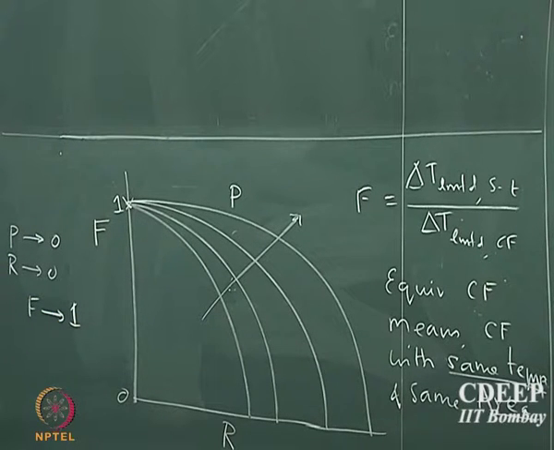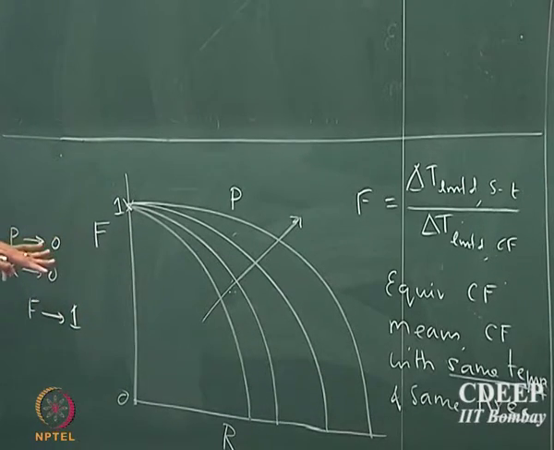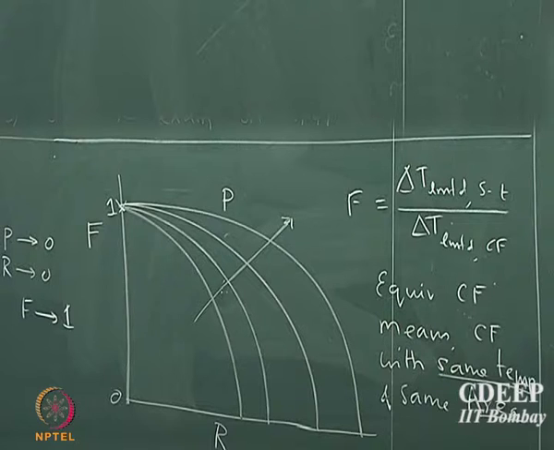So the limits for the shell and tube heat exchanger actually come from the expression for the delta T LMTD, but what is important here from the course point of view is to realize that the upper bound for the delta T LMTD of a shell and tube heat exchanger is essentially that of an equivalent counterflow configuration which has the same temperature and same surface area.